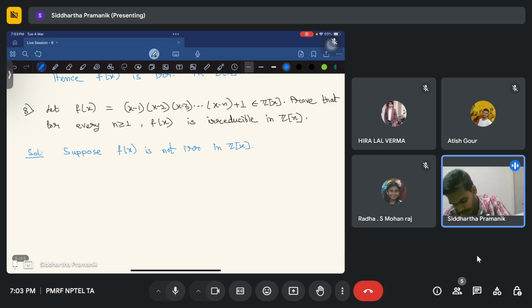By definition, f(x) can be written as a product of two non-zero non-unit elements. So f(x) equals some g(x) times h(x), where g(x) and h(x) are non-zero non-unit elements in Z[x].